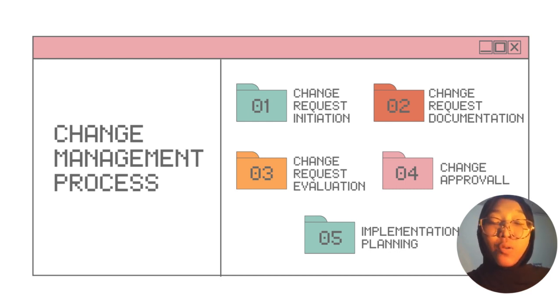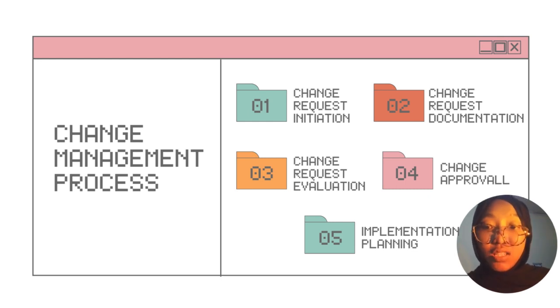And secondly is change request documentation. Upon initiation, the proposed change is documented comprehensively. This documentation includes details such as the rationale behind the change, potential benefits, associated risks, and the estimated impact on the existing system.